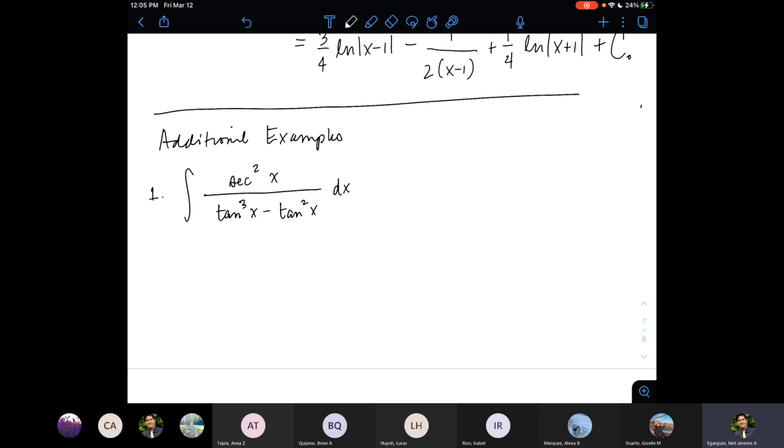So if you look at this, it is not a rational function because the top is not a polynomial, neither is the denominator. And then you might be thinking, oh, maybe I can do u substitution. The usual suspect for the u substitution is the entire denominator. But if you let u be the entire denominator, then you'll have a complicated du, which is impossible to get from the top.